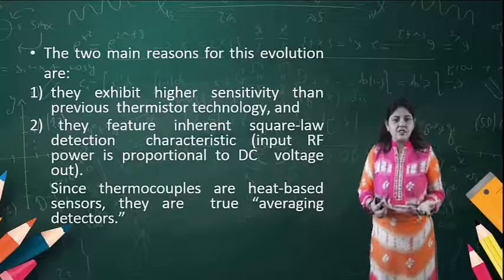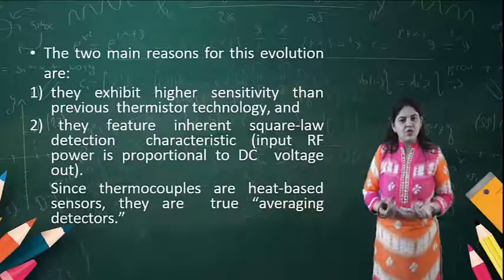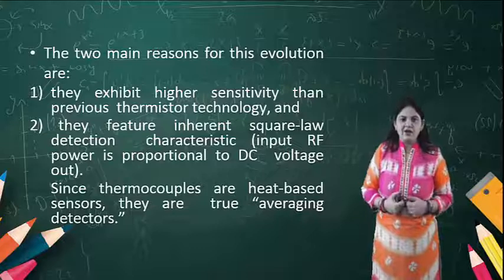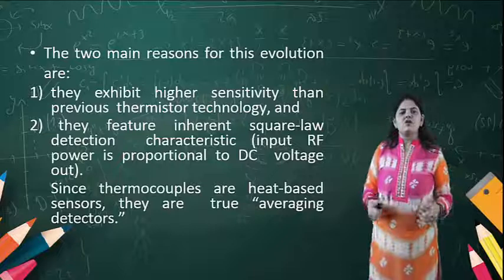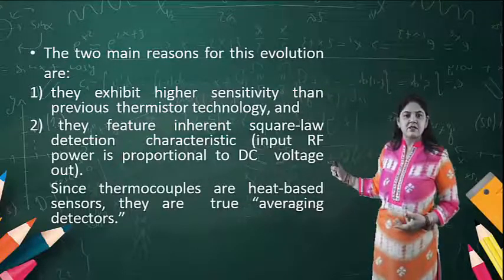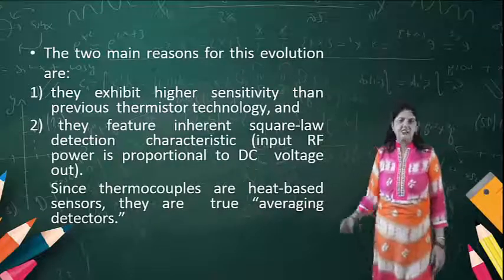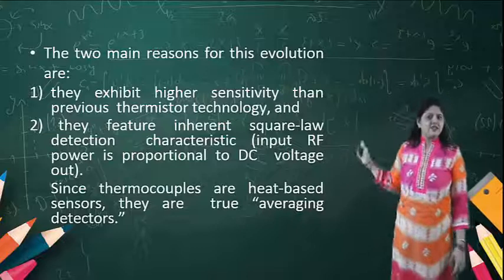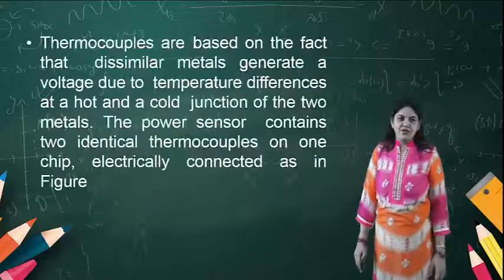The features are square law detection characteristics, meaning the output power is proportional to the input power. Thermocouples are heat-based sensors and they are true averaging detectors. These are the reasons why thermocouple sensors can be used.